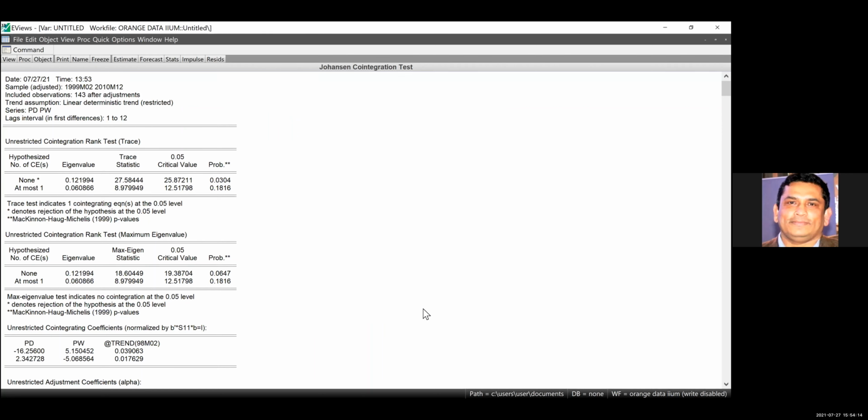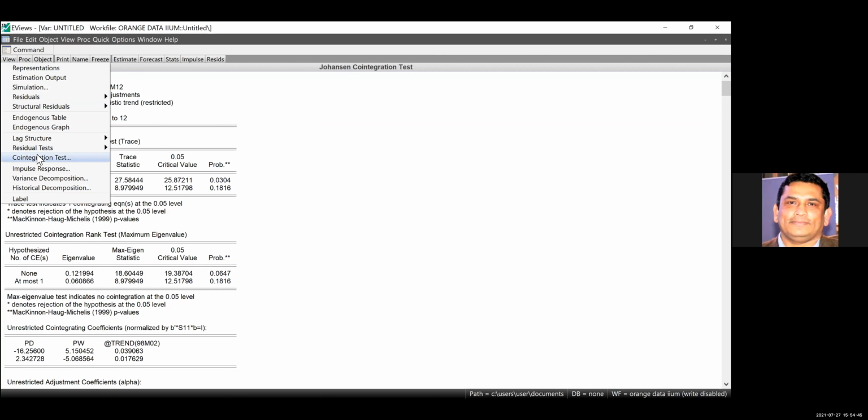In the second step, as in the Engle-Granger case, if the residual does not have any unit root, it means that these two variables are cointegrated. That's when we use simple OLS, considering PD as endogenous, or we normalize either PD or PW. But here we consider them together as endogenous, so we are estimating a simultaneous equation. So this is simply the test.